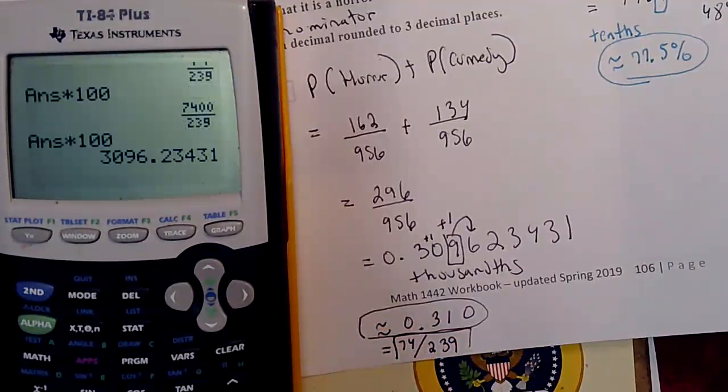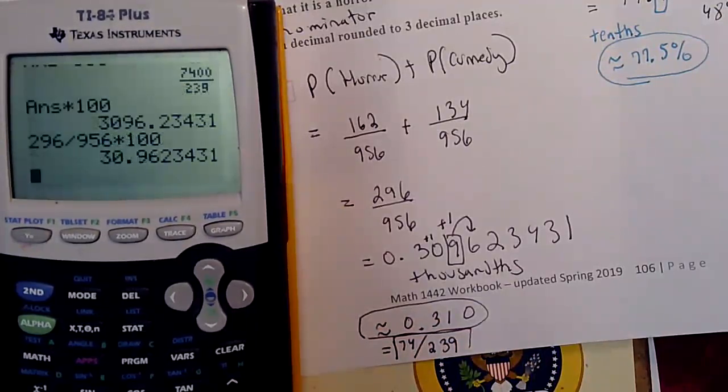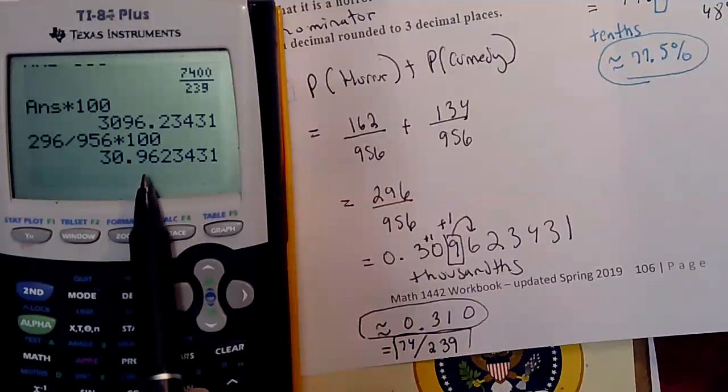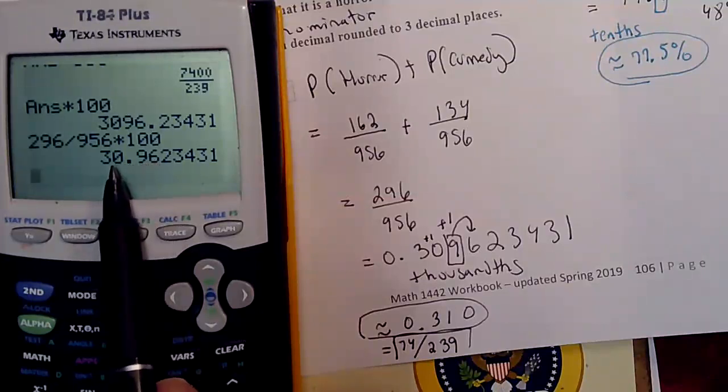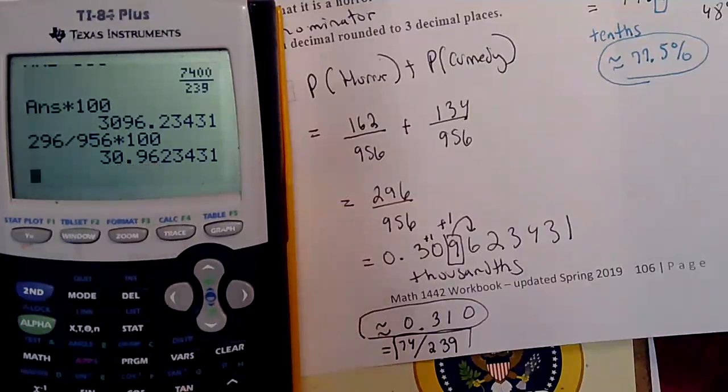That doesn't look right, so better start from scratch. That would be 296 divided by 956 times 100. Yeah, so it'd be 30.9. If you were rounding to the nearest tenths, the neighbor is 5 or more, so you'd add 1 to this. So then it'd be 31%, 31.0%. Okay.